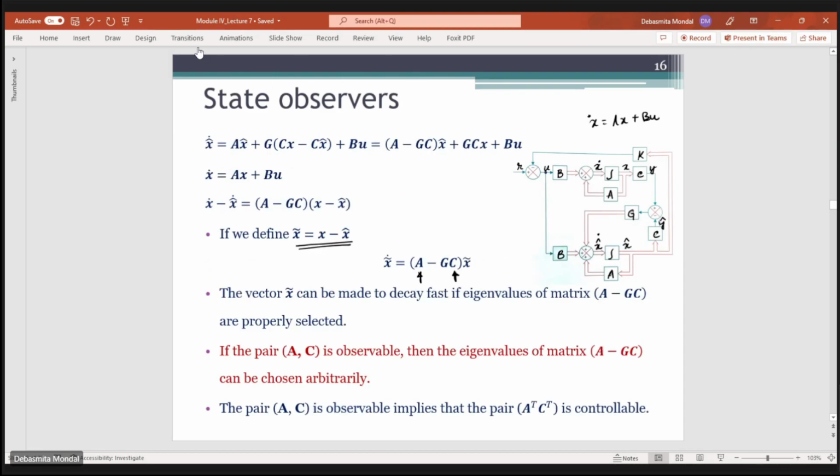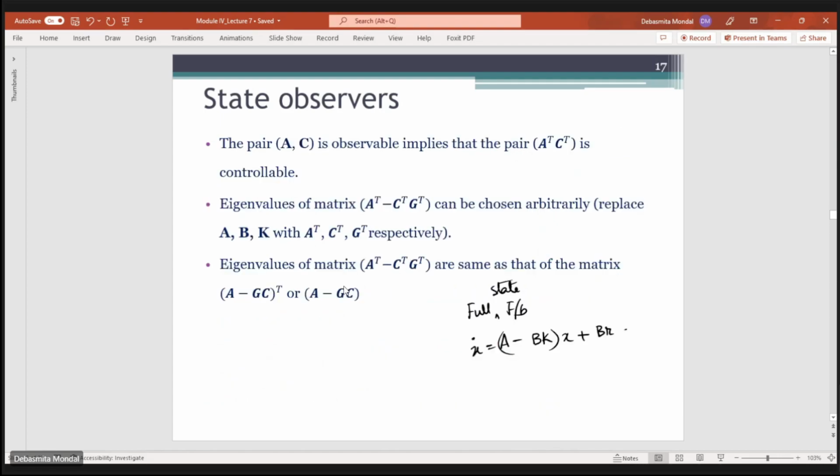So you have to choose the value of G in such a way that you can place the eigenvalues of this matrix A minus GC, or A transpose minus C transpose G transpose, in such a way that the estimation of the state variables done by the state observer is a very accurate estimation.